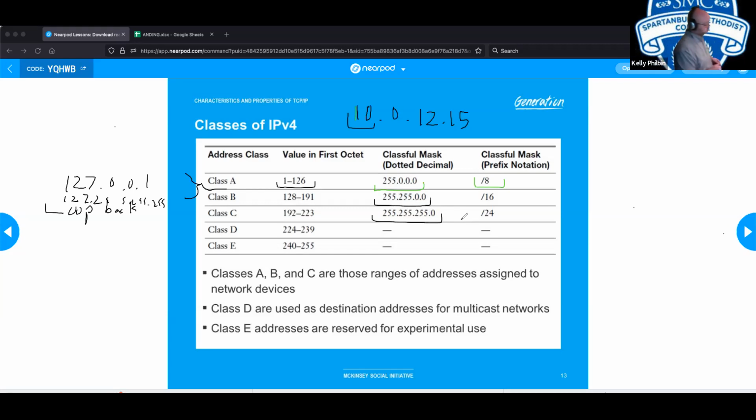What would determine which one of these we would pick is typically the number of computers on your network. So looking at a class C, where the first 3 octets are for the network and only the last octet could be used for the host, like the computers on the network, how many hosts do we think we could have on that single network for a class C?